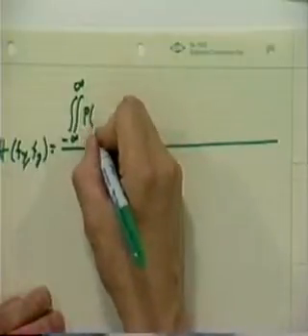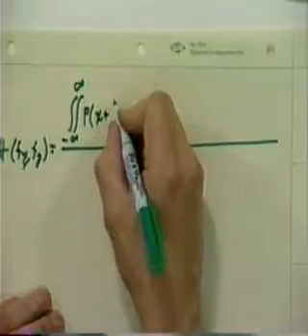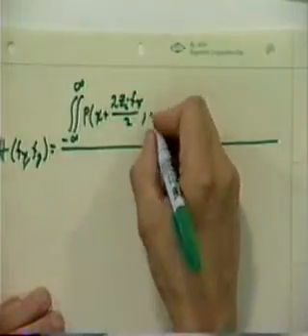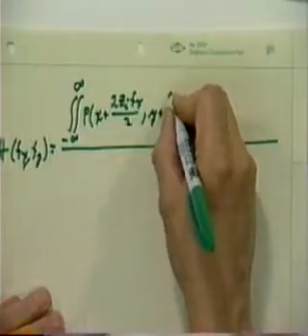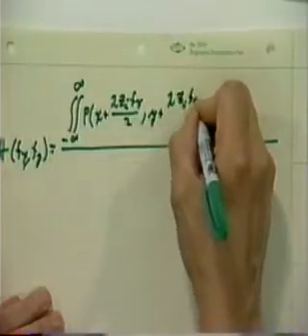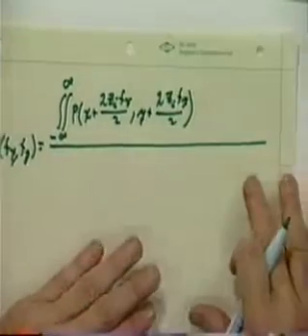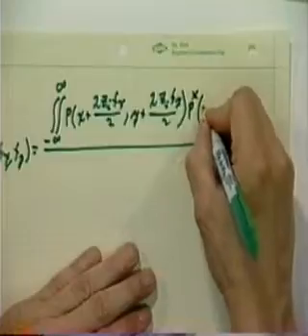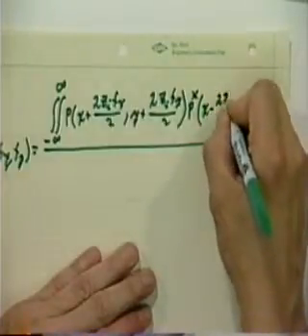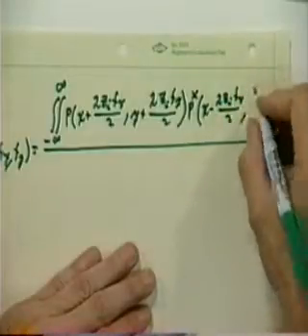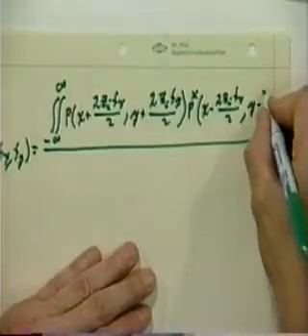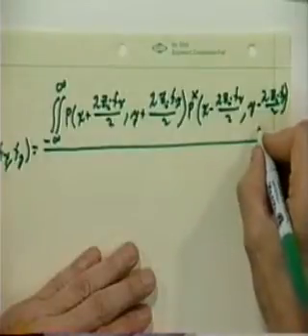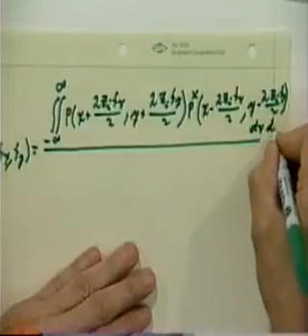We have P of x plus lambda z sub I f sub x over 2, y plus lambda z sub I f sub y over 2, times the complex conjugate of P of x minus lambda z sub I f sub x over 2, y minus lambda z sub I f sub y over 2, dx dy.